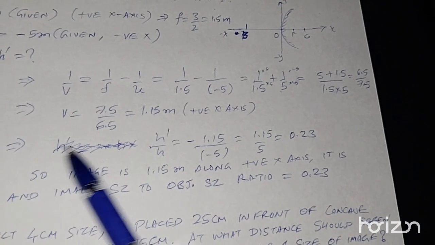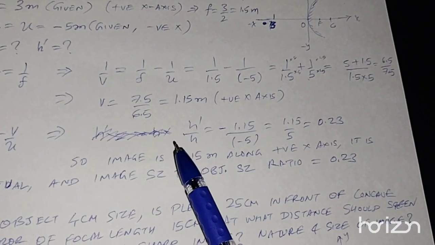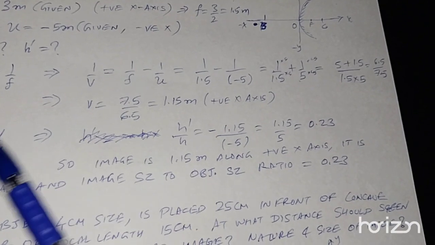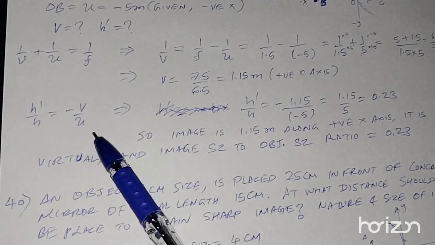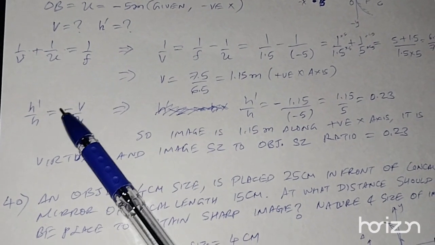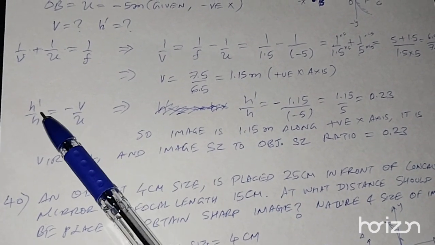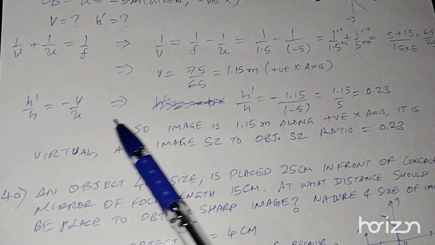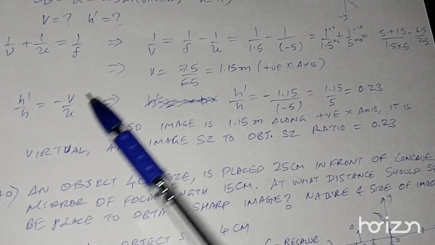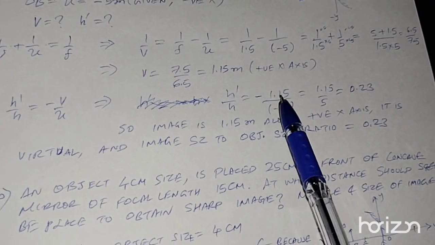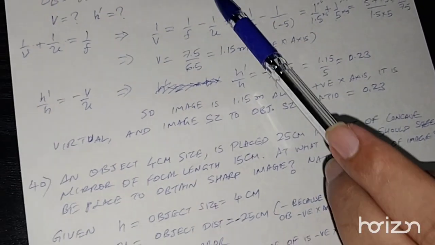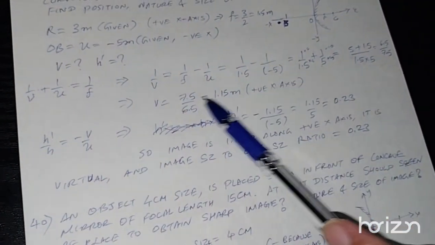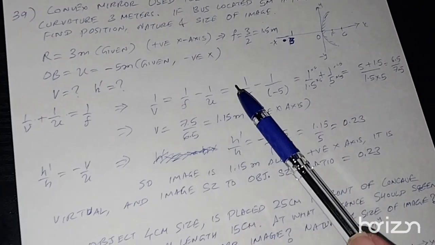Okay, and what is the ratio of the height of the image to the height of the object? We use our magnification formula, h dash by h is equal to minus v by u. So v is our image distance, which we have calculated as 1.15, and u, we already know that we are substituting as minus 5.